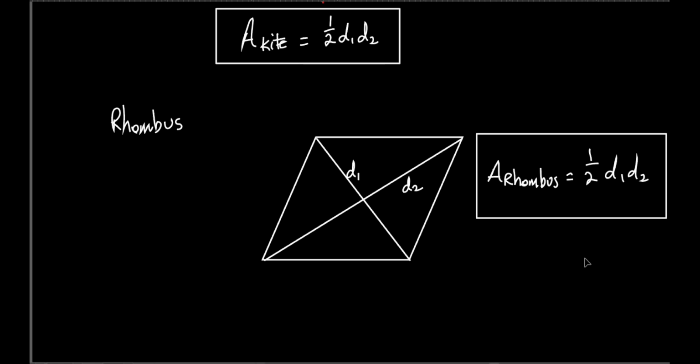Yeah, example 4 is a little tough. Example 4, they put some ordered pairs, right? So they do that coordinate geometry. So they give you this one, this one, this one, and this one. And they ask you to find like the slopes of the diagonals, the length of the diagonals, and all that kind of stuff. And then you can find the area of the whole entire thing, all right?